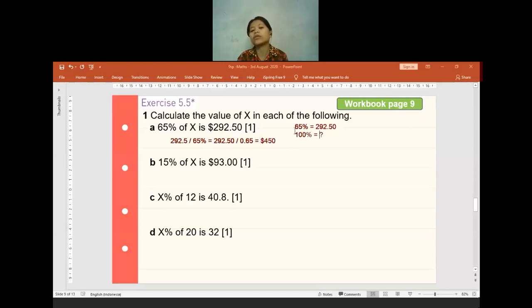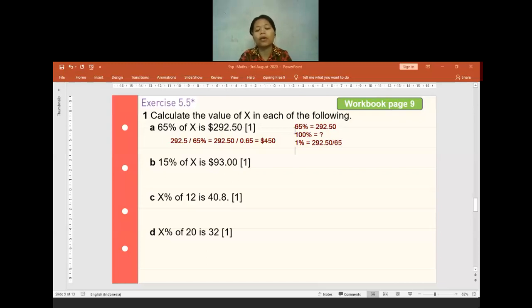If we use the ratio, we can find it from 1% first. So for 1%, we will have 292.50 divided by 65, right? Because from 65 to 1, I need to divide by 65. That's why 292.50 we need to divide by 65 also.